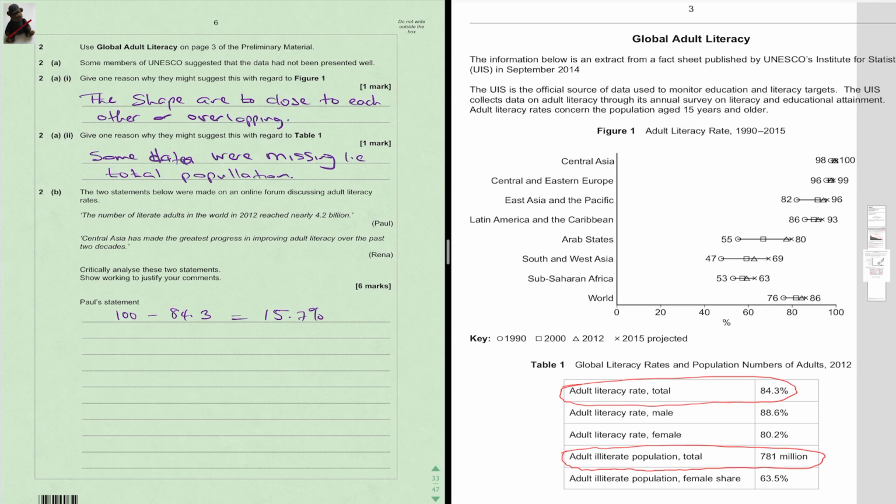So we're trying to work out the population of the literate from the population of the illiterate.